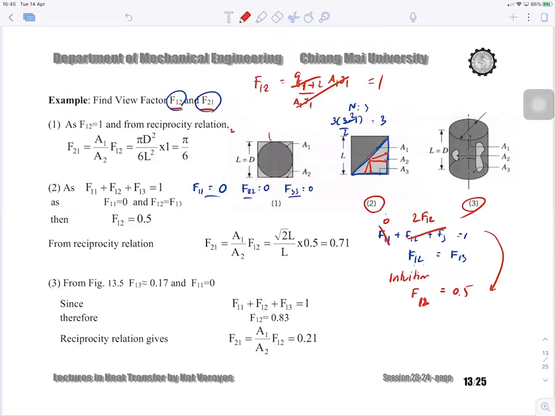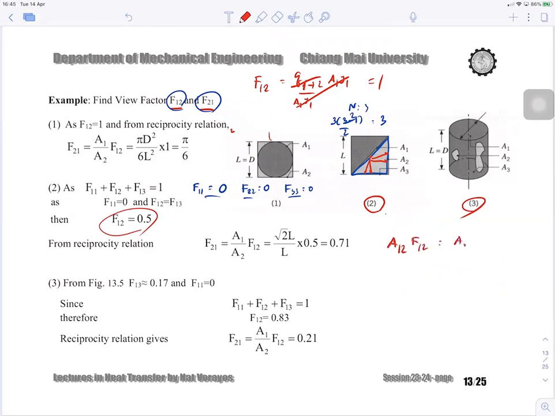Okay? Now, you have answered this, right? I cross this thing out. And after that, once again, A1 F12 is going to be equal to A2 F21.